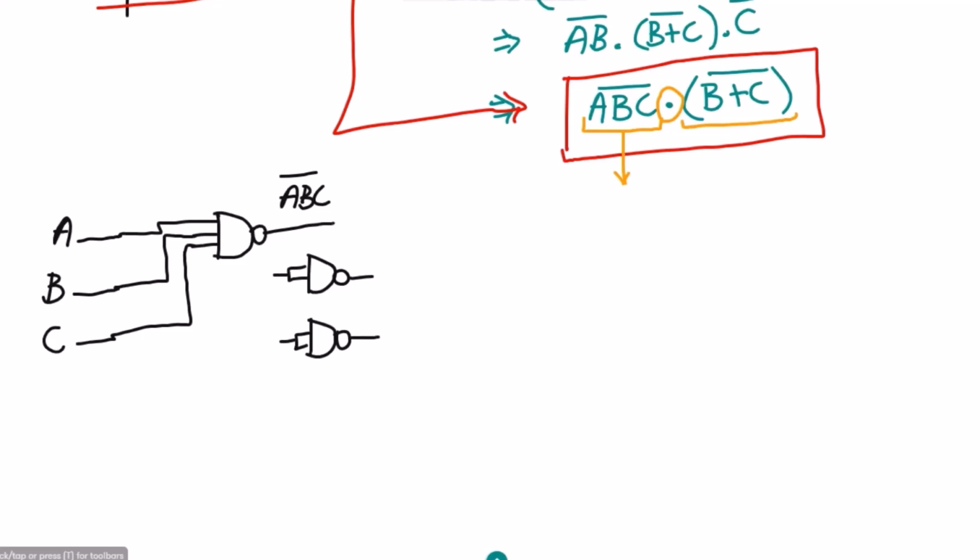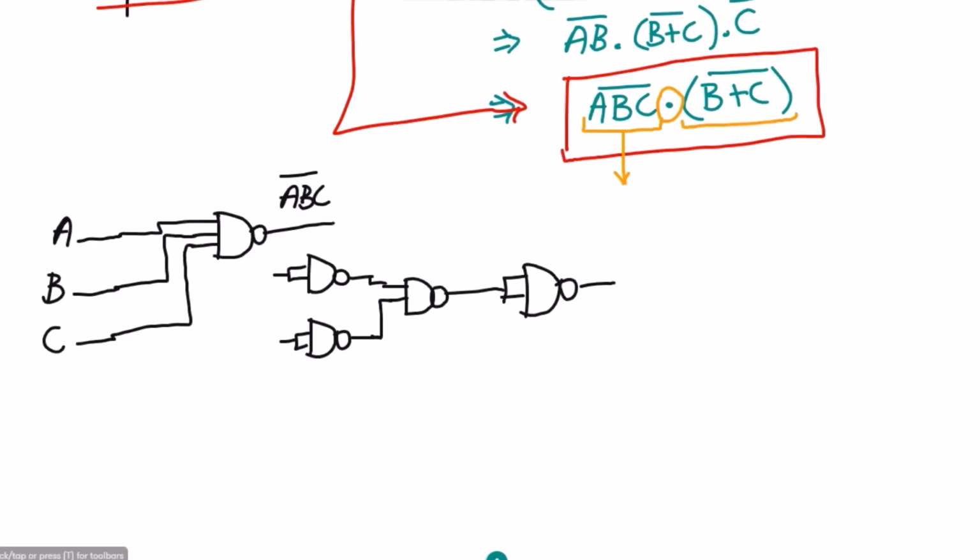Okay, and then these two are given to another NAND gate, and it will give me the output, which will be the OR gate. So in order to take the NOR gate out of it, I will apply it to another NAND gate as well with the two inputs combined together.